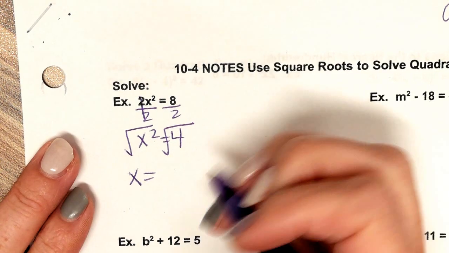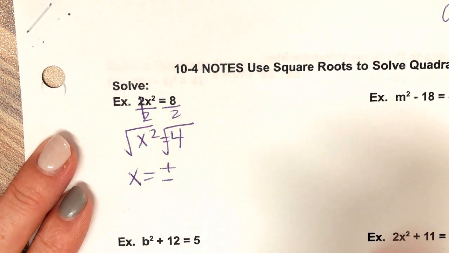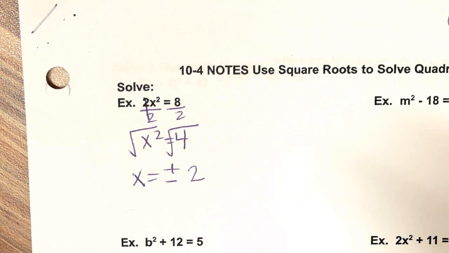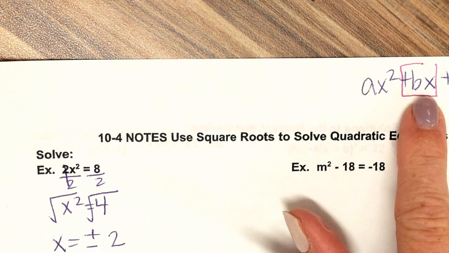It will be plus and minus the square root of 4, which is 2. So you can either write positive 2 and negative 2, or you could just put plus and minus 2. So this is a parabola that crosses through the x-axis at negative 2 and at positive 2. Are y'all with me? Now again, this only works when the bx is missing.